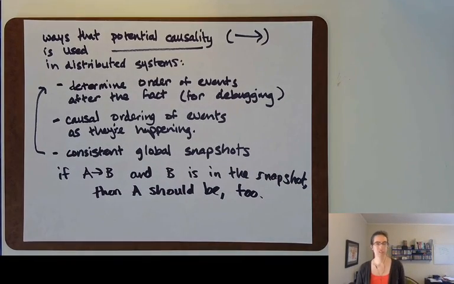So this notion of consistent global snapshots is another important use of the happens before relation, or another important use of potential causality. And that's what we're going to talk about next.